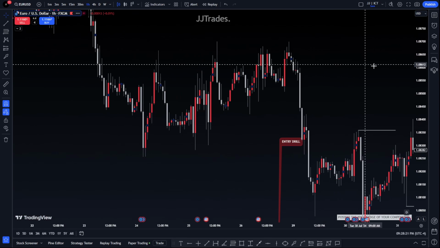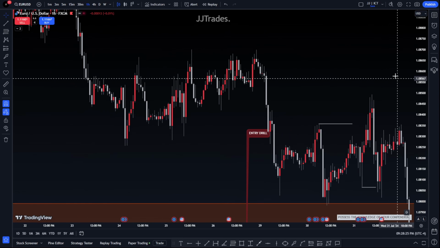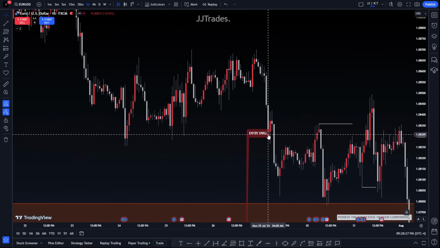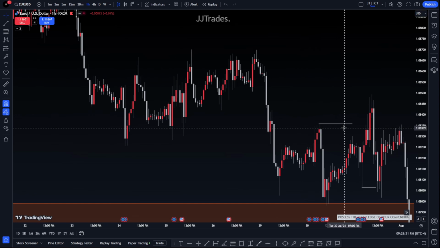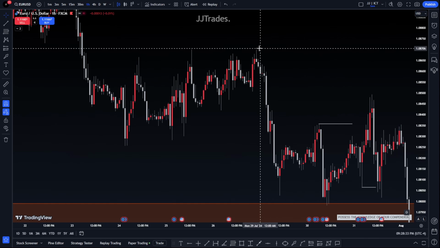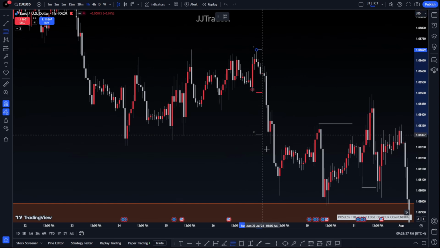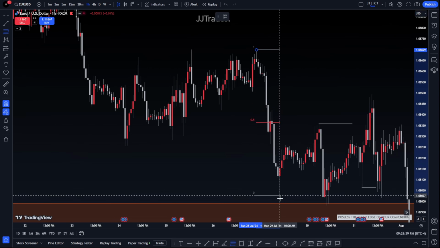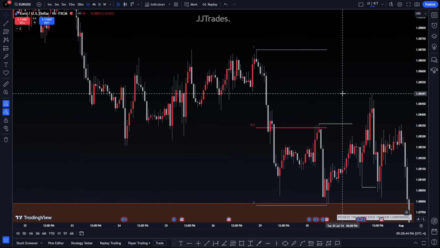Let's do another one, because why not? All right, here we go. I'm sure you probably already see it. I'm not even gonna explain it. We're gonna hide this real quick, just to make it easier. This is the highest swing high to the lowest swing low.